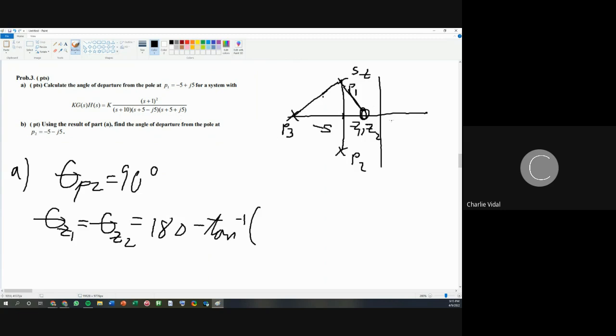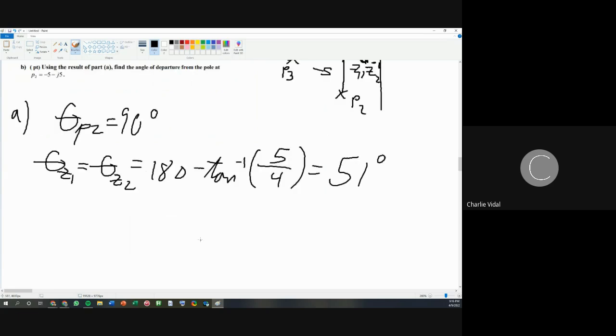This is -1, and this is at 5. So basically, you walk 4 steps to the left and 5 steps up. So that would mean that this is 5 over 4. There we go, 5 over 4, and that becomes 51 degrees.